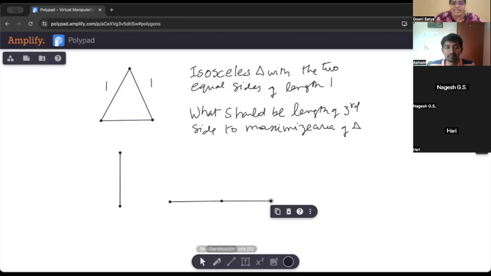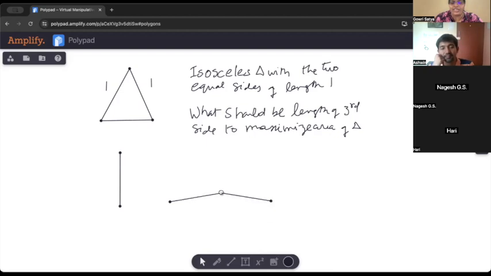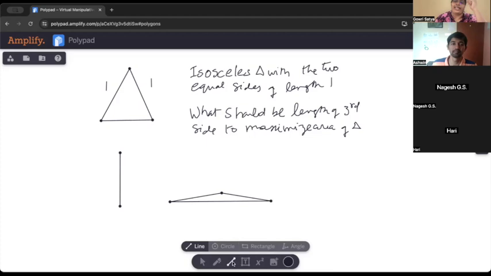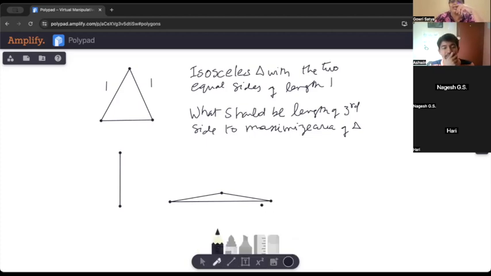Huh. So like this, you're saying. Yes, the height should be the very minimal height, whatever minimal height possible. Okay. So let's say this is 1.9 instead of 2.